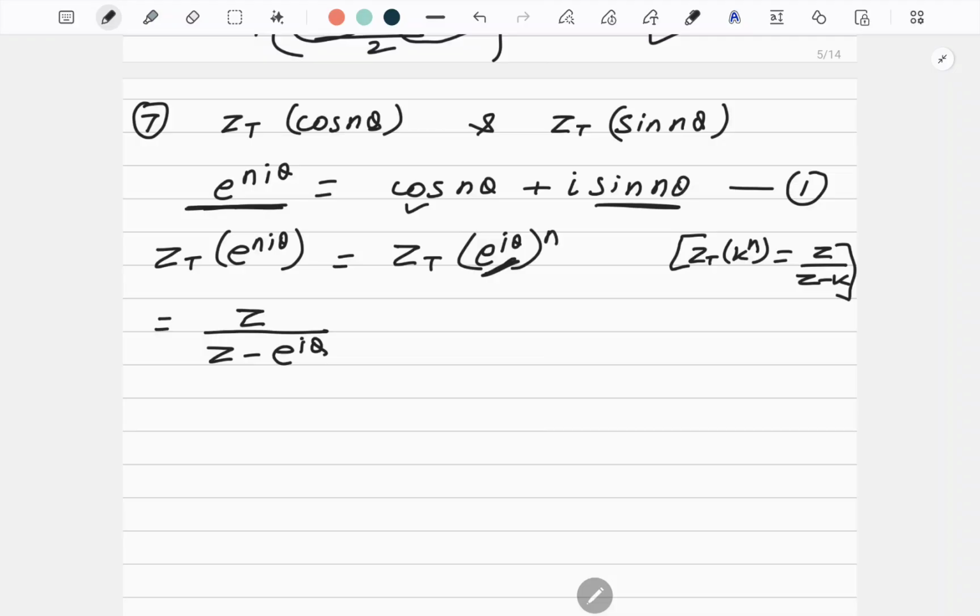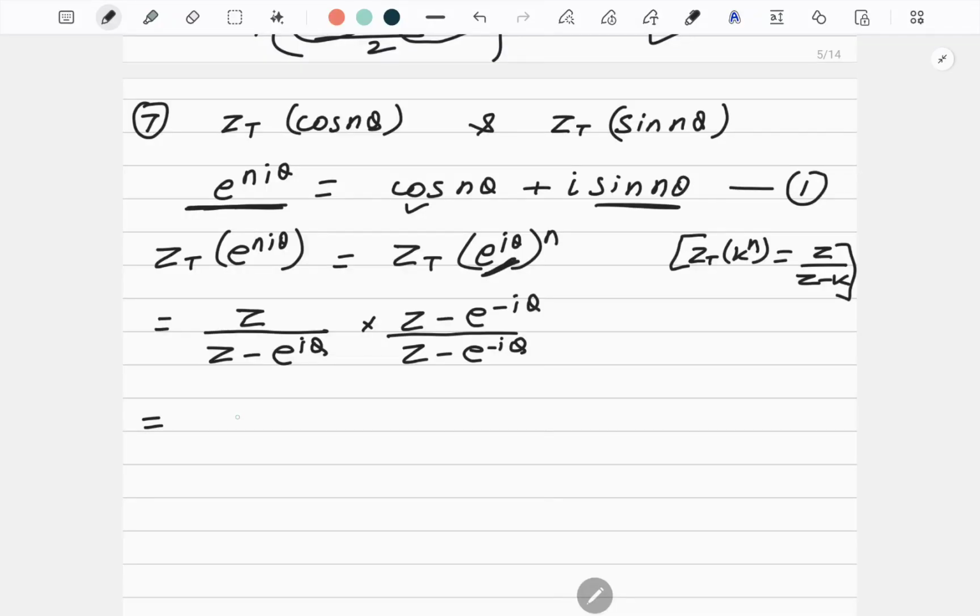Okay. Now I got z upon z minus e to the power i theta, but in denominator, I can't handle this i. So I will rationalize it. Usually when you rationalize, you multiply and divide it by the opposite sign. But in case of exponential, it is done like this, minus e to the power minus i theta. Sign is changed in power of exponential and divide by the same term.